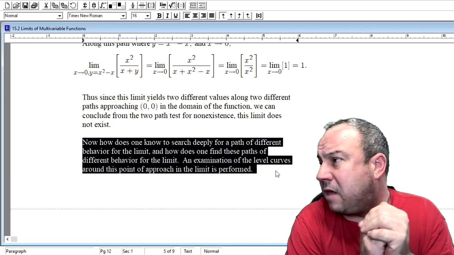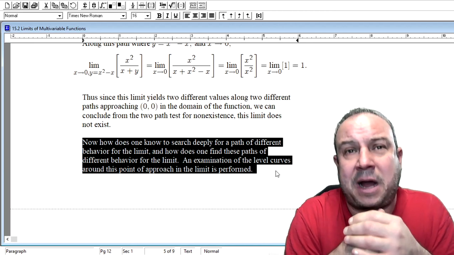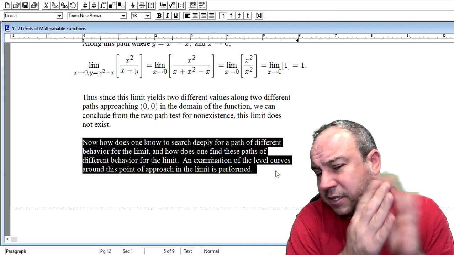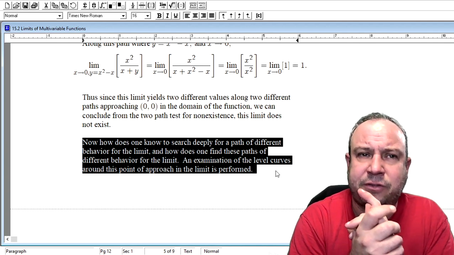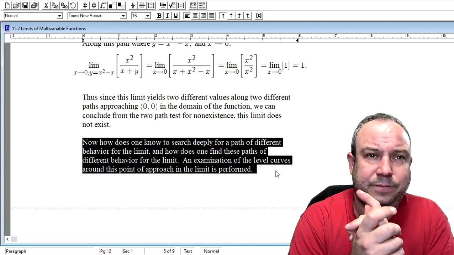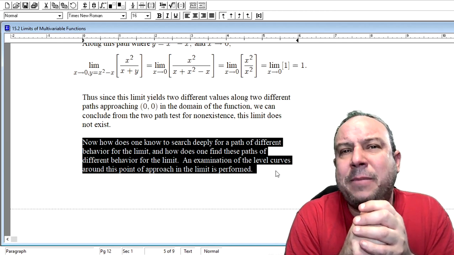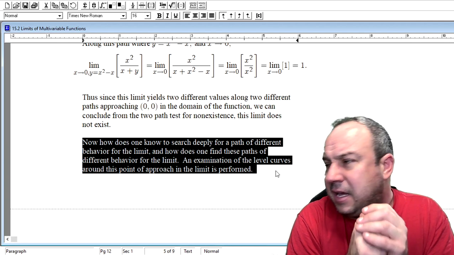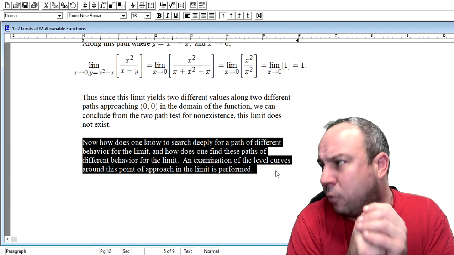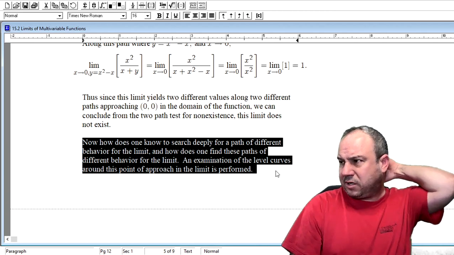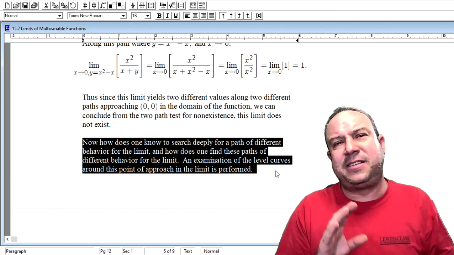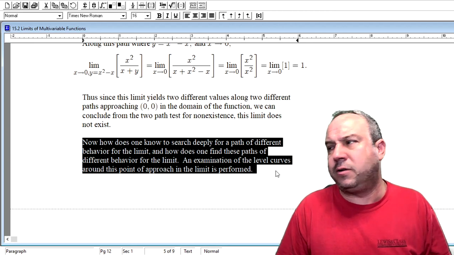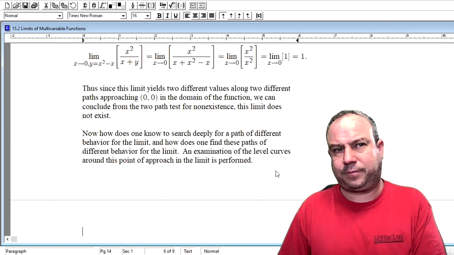That would have to be a rather deep, intense search to find x squared minus x, considering there's an infinite number of different paths to search for. Well, an examination of the level curves around this point of interest in the limit should be performed, folks. This is where examining your level curves and what your graph might look like around this point of approach in your limit is going to be useful.